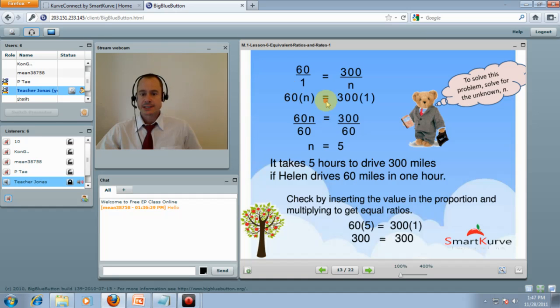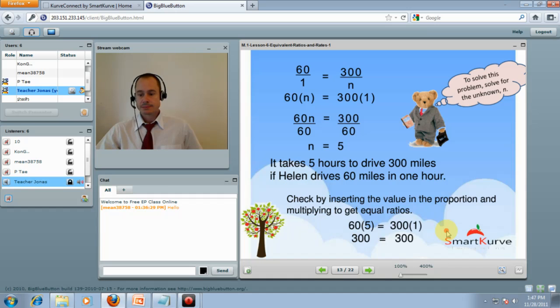So then you got 60n equals 300. And then of course you divide with 60 to only have n left, and you have to do the same on the other side. So this means that n will be 5. That means it takes 5 hours to drive 300 miles if Helen drives 60 miles in 1 hour.